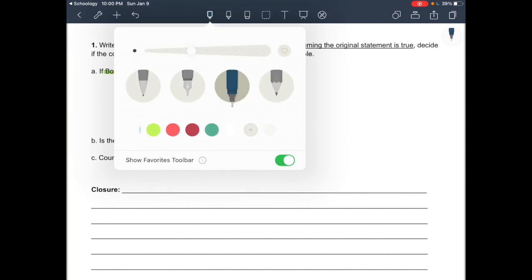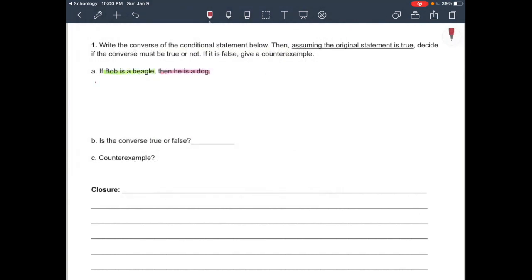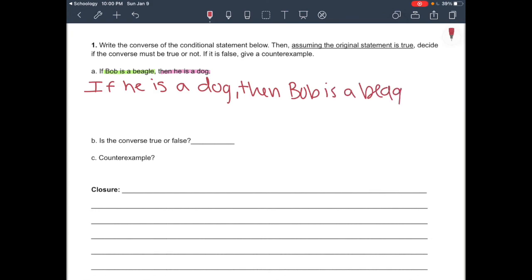I'm not going to write it as if he is a dog, then Bob is a beagle. Yes, that would be exactly copying things, but we need a subject. So instead of saying if he is a dog, we're going to say if Bob is a dog first.